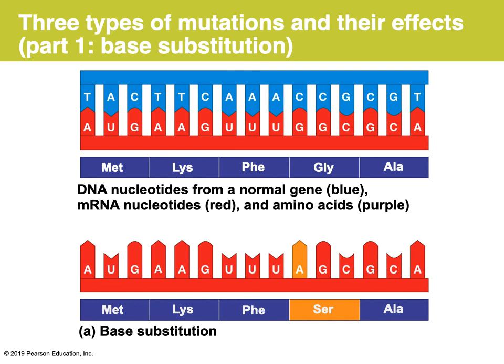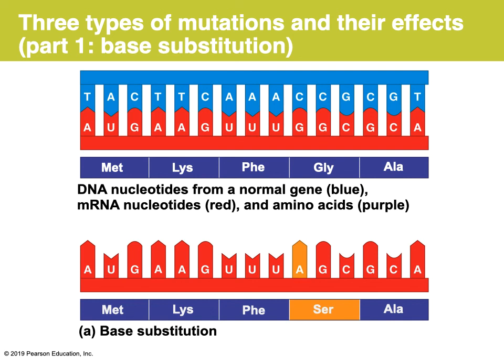You're substituting that A for a G, right? Because if you go to that chart, and you're reading, that chart represents messenger RNA. So if you say, okay, here's the messenger RNA, first, second, third base, it's coding for a different amino acid. So this is a case where you're changing the actual sequence of amino acids.